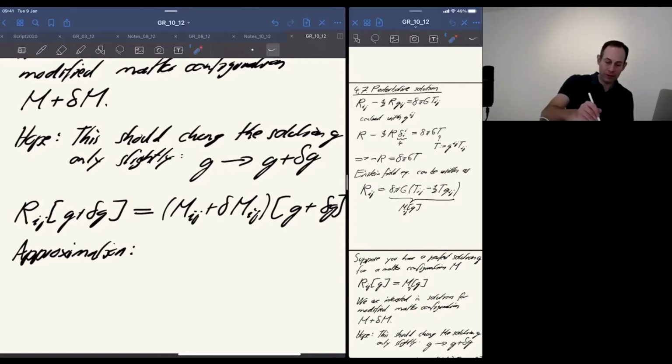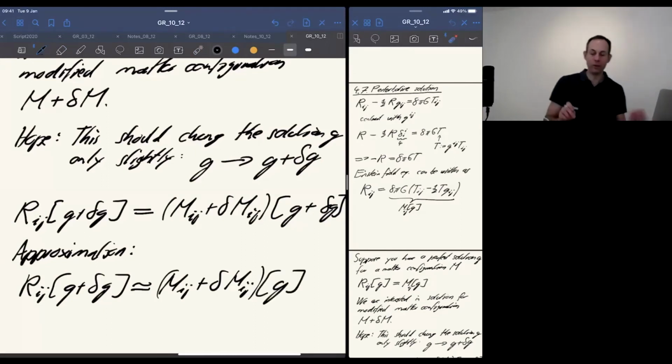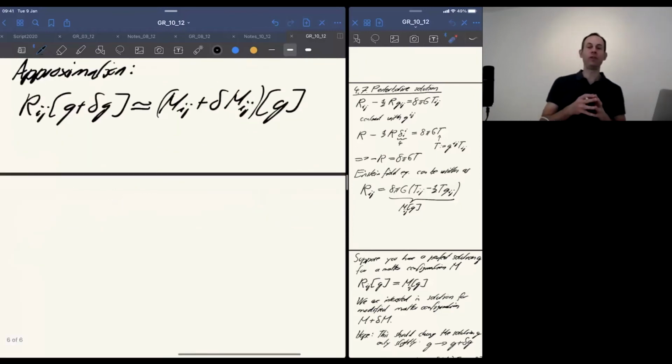So I'll just write here Rij, G plus delta G should still be approximately equal to Mij plus delta Mij. But here I just put the original G. So it's as if I wouldn't look at the back reaction, which is very reasonable to do.